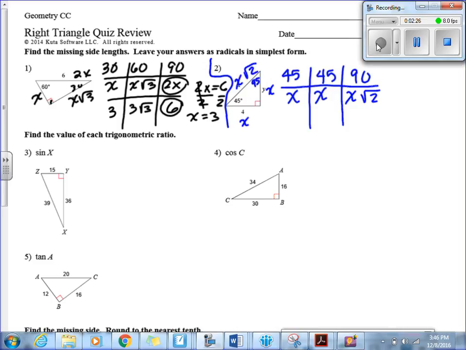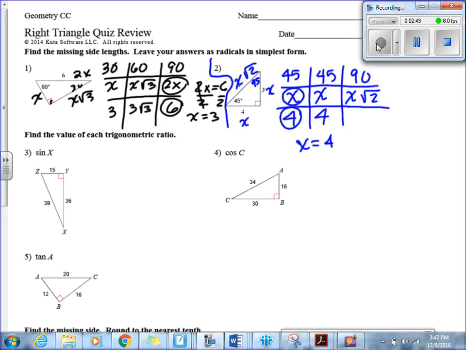So which side actually has a measurement given? Well, this leg here is x. It doesn't matter where you put it. Both of these are going to be 4. And so since x equals 4, that means wherever I see an x, I can replace it with a 4.